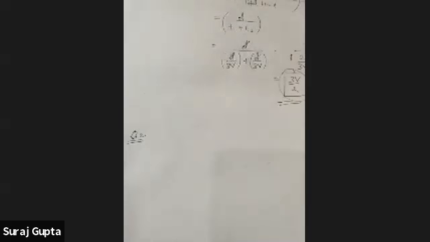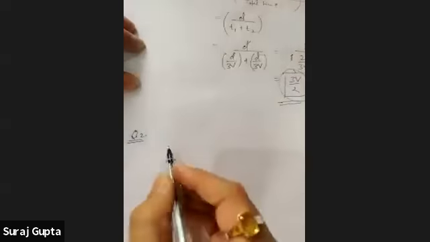The remaining part of the distance was covered with velocity 2v for half the time. I will write it, I'm just dictating once. So this is the question.